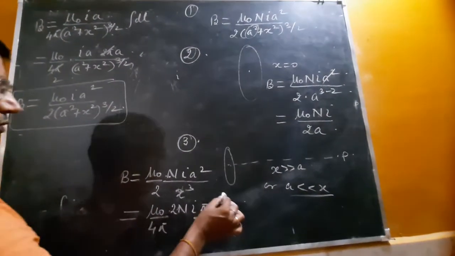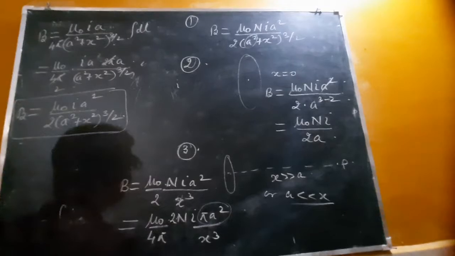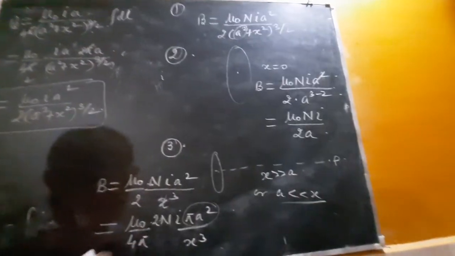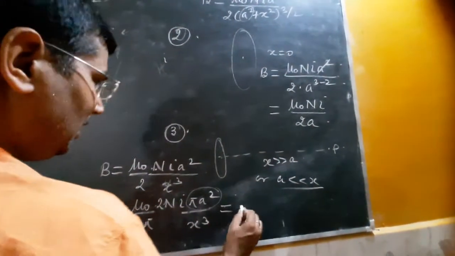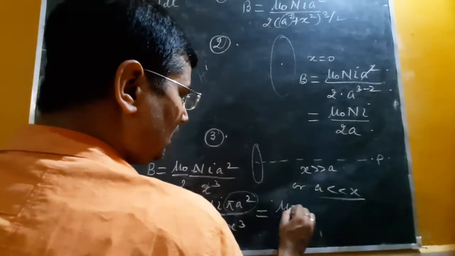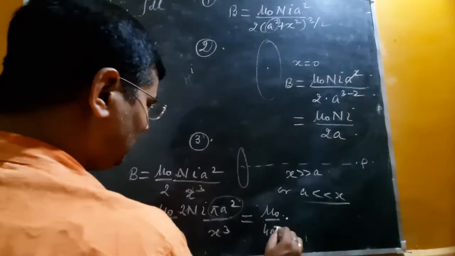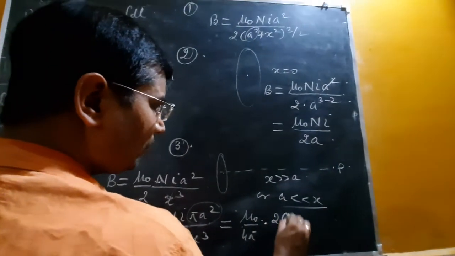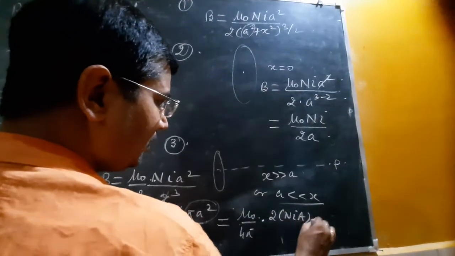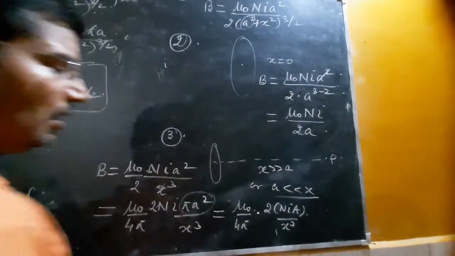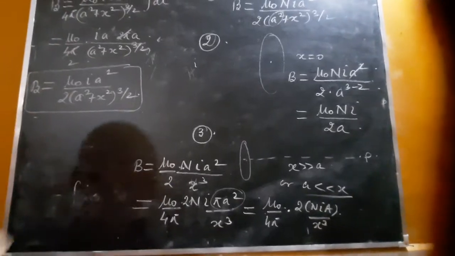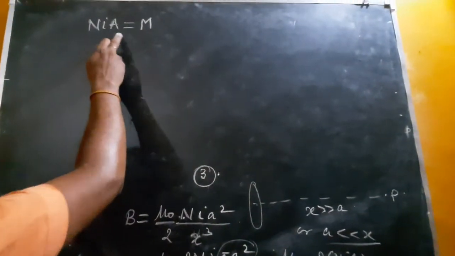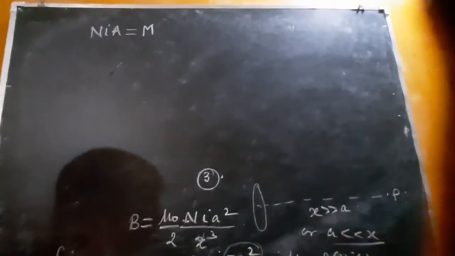What is pi a square? Pi r square, you know, area of circle. So pi a square gives the area of loop. So this will be mu naught upon 4 pi 2 N I A upon x cube. Actually N I A is the magnetic dipole moment.